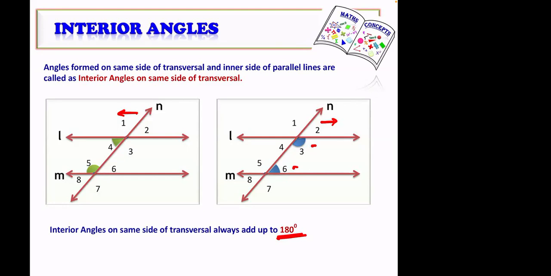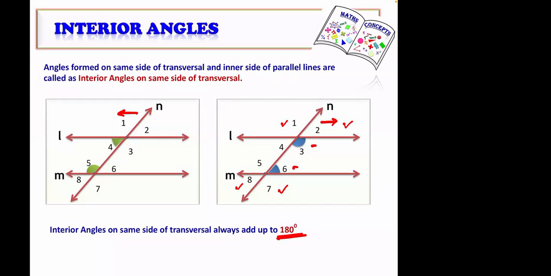Ma'am, so can we call 2 and 7 exterior angles? Yes, they are exterior angles. We call these exterior angles: 1, 2, 7, and 8. All these are exterior angles because they are on the outer side of parallel lines, and those would also add up to 180 if lines are parallel.